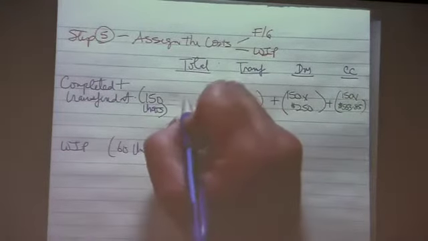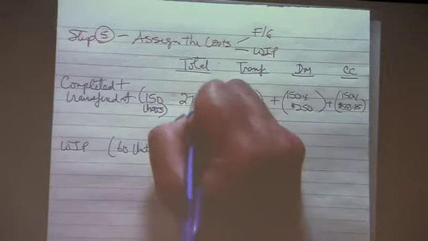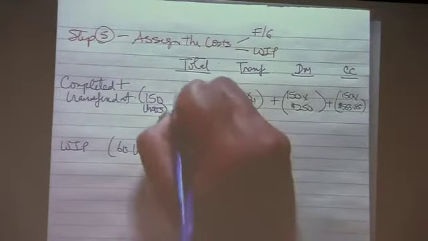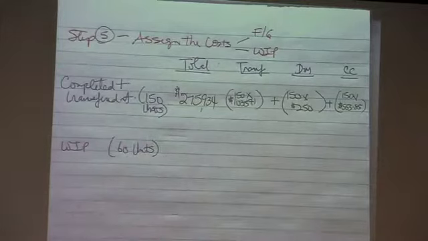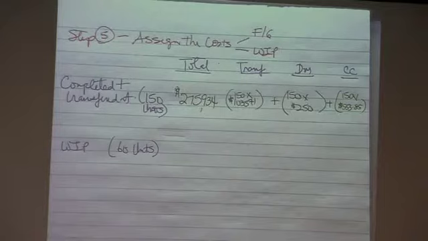And this adds to 275,934. So that's the amount that we're going to transfer out to, let's say, finished goods if it wasn't sold in June.